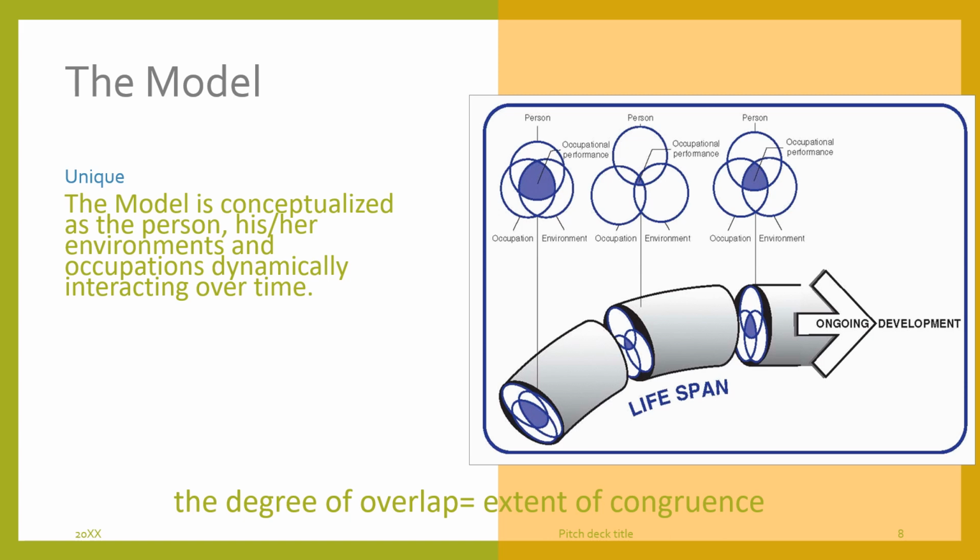So the degree of overlap of those circles equals the extent of congruence. So the more they overlap, the better off they are. And the middle here represents the occupational performance, or the dynamic experience of a person engaged in occupation within their environment, and it happens over time.